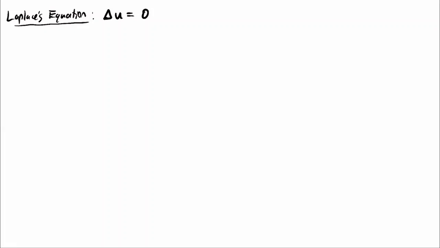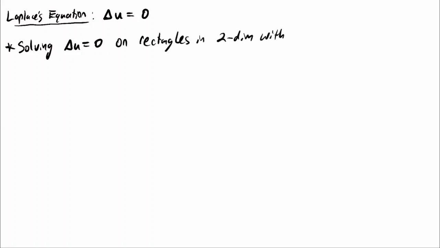And so what we're going to focus on today is solving the equation in 2 dimensions on a very specific class of domains. In particular, we're going to focus on solving Laplacian U is equal to 0, which is Laplace's equation, on rectangles in 2 dimensions with given boundary conditions.